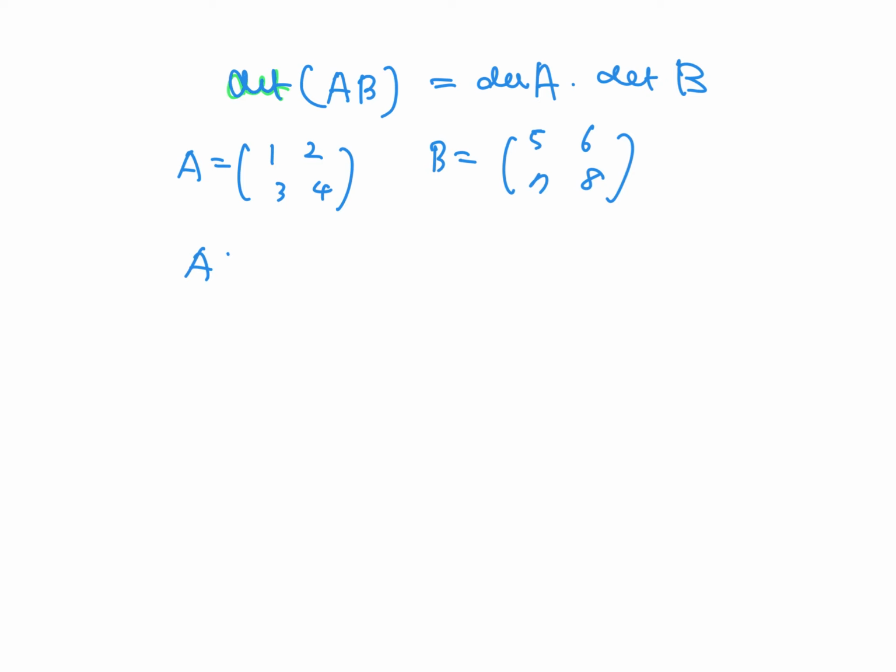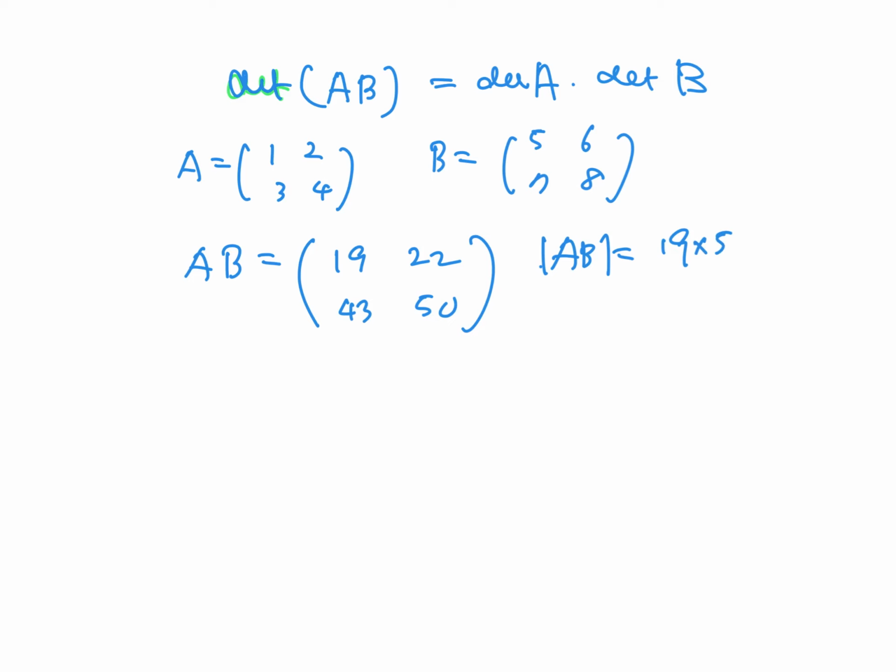A times B is 19, 22, 43, 50, right? So probably by now you should be able to do it by memory.